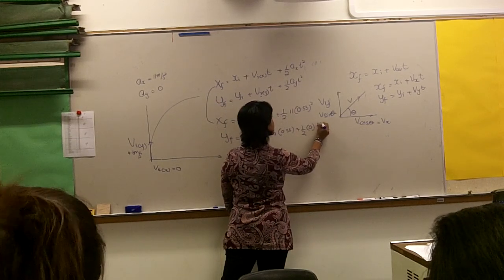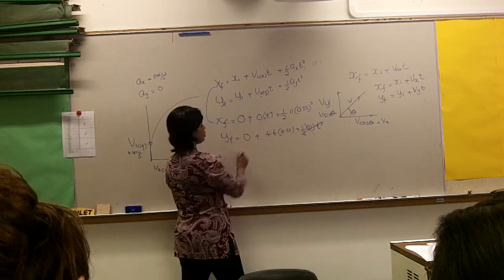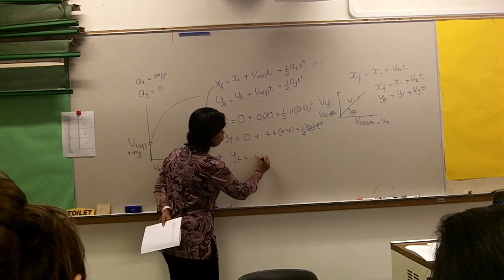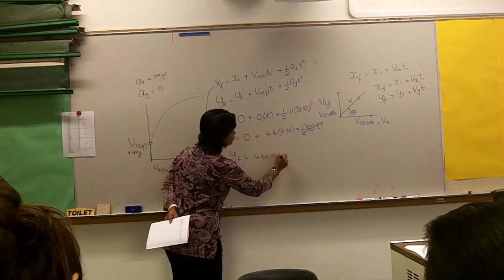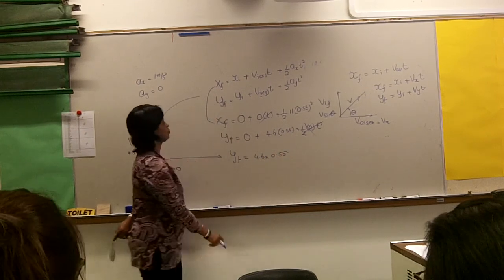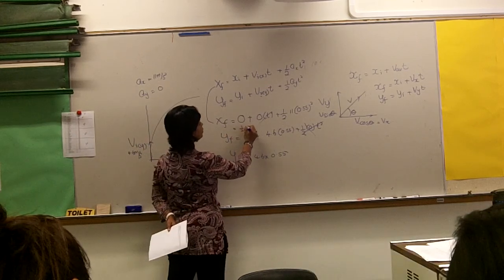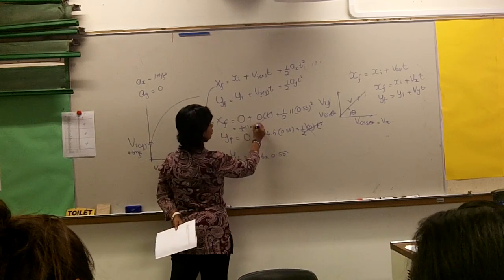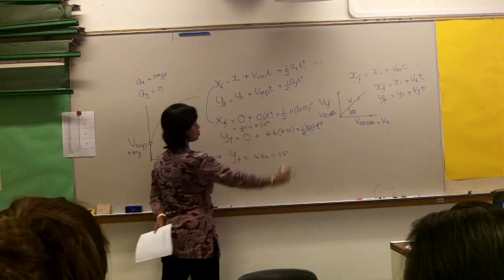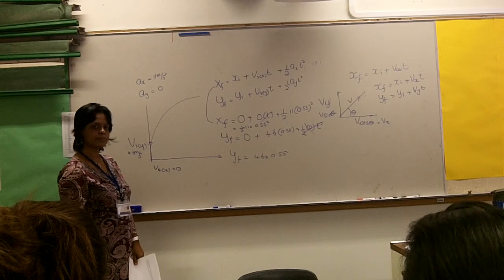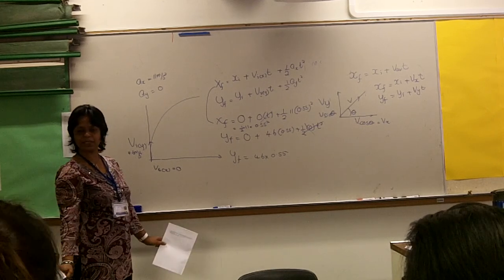So this doesn't matter; these are all going to be 0. So your yf is 4.6 times 0.55, and xf is half of 11 times 0.55 squared. So you can calculate this in meters. Got it? Do you understand what we did here?